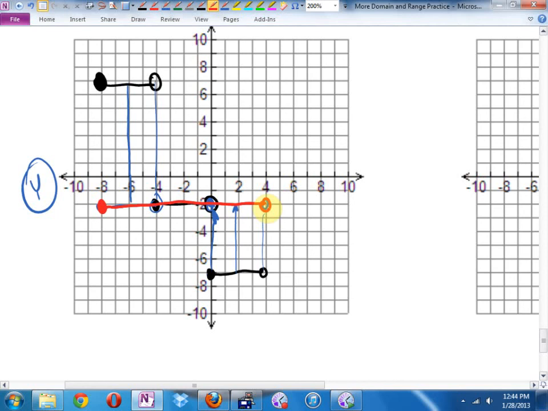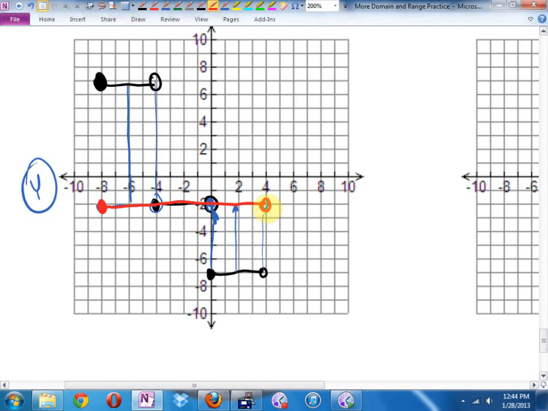I can say the farthest left we go is -8. Touching, or equal to. The farthest right we go is +4. Not touching. And there are no gaps, no holes in between. Every single point in between does get used up.